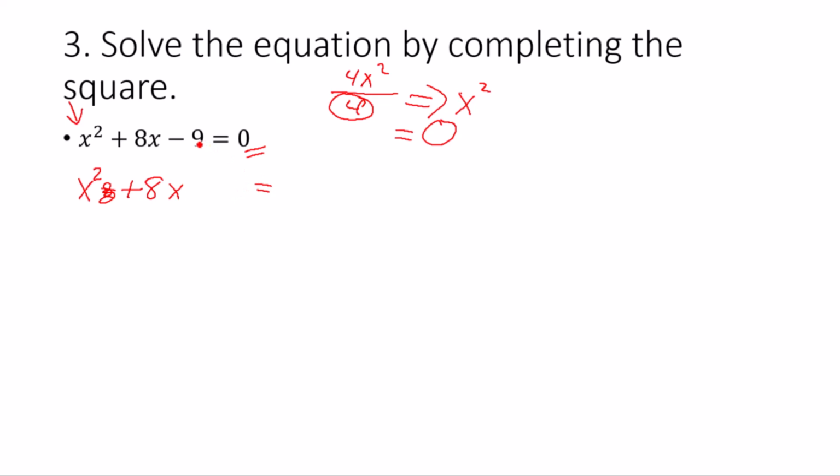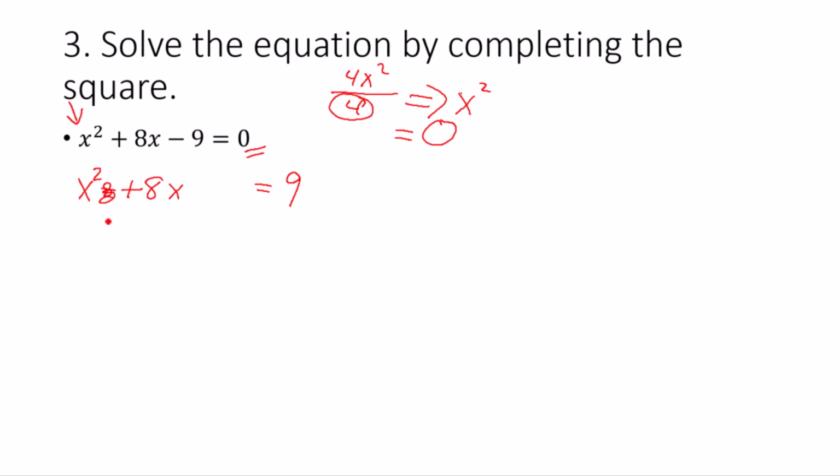And to get rid of the minus 9, we'll add 9 to both sides, and there we are. Now this is what you're going to do next. This might not be what you show on your paper when you get accustomed to this, but this is the next step. Leave some space so that you have an x squared term, an x term, a blank, and then whatever you need to have over on the other side.